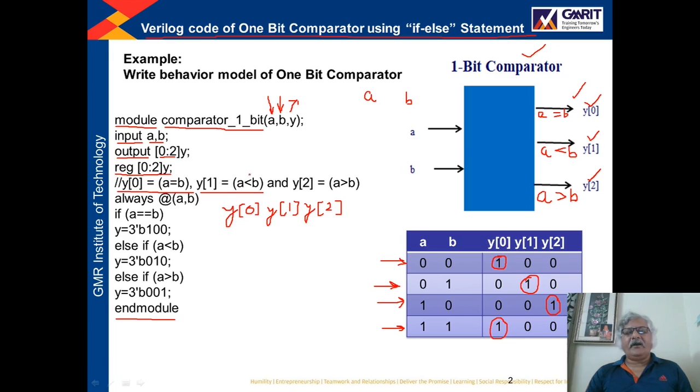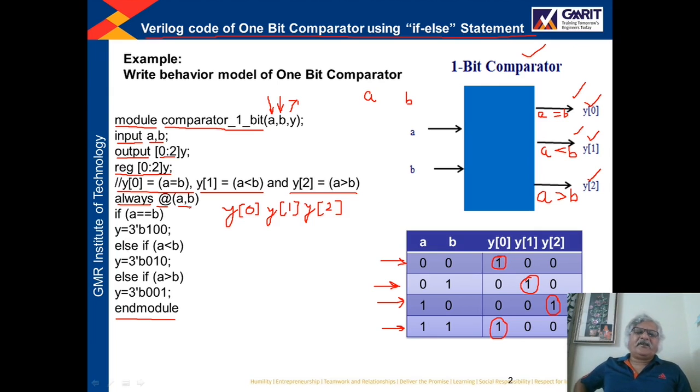So y1 will indicate the a less than b condition. The same thing is there in the block diagram, and y2 indicates the a greater than b condition. Now I have written always at the rate, and in the sensitivity list of this always block I have included a and b, which are the inputs.